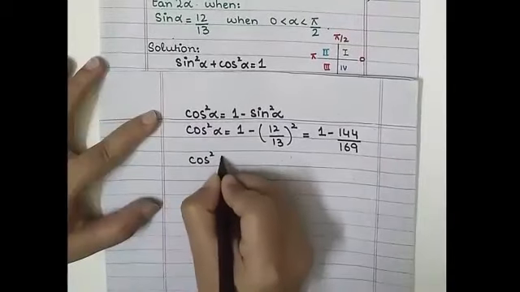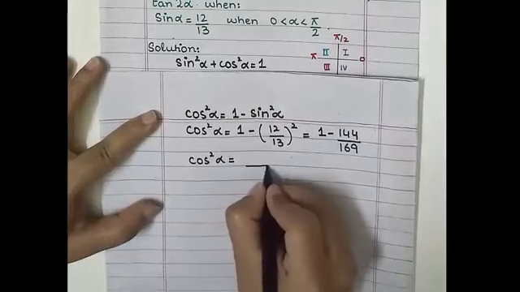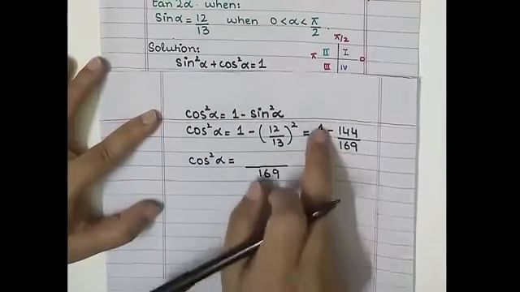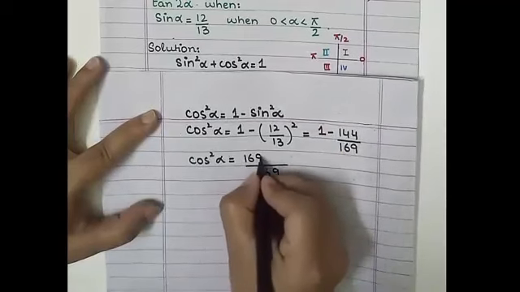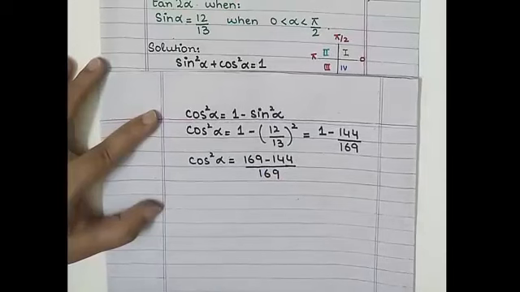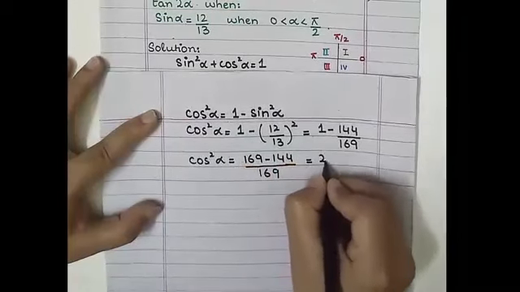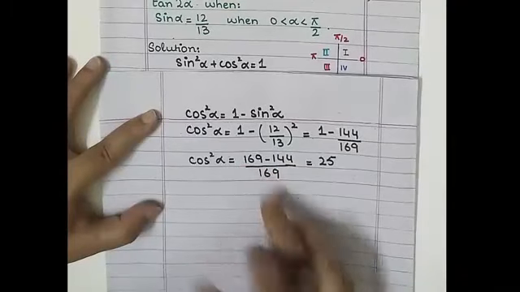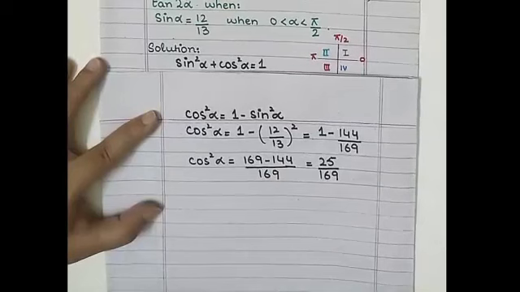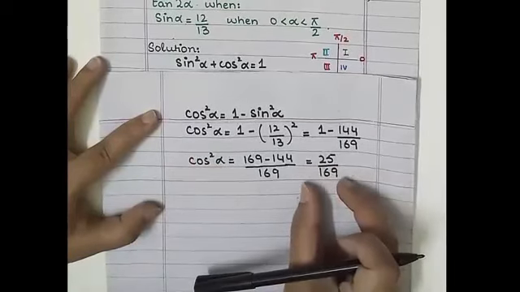So cos square alpha is equal to, now we will take LCM, 169. So 169 times 1 minus 144, the simple method of taking LCM. Now 169 minus 144 is equal to 25 and this 169 will be written as it is. So the value of cos square alpha is equal to 25 over 169.